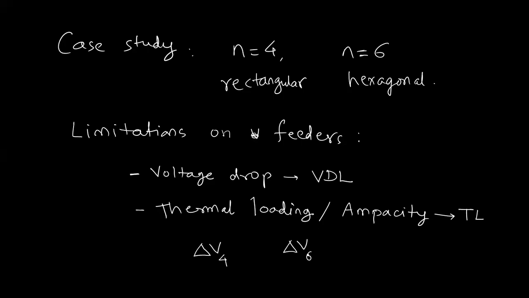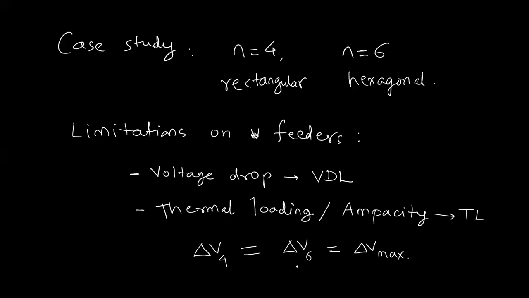The load can be served up to its voltage limit. So let us assume that the feeders in both the cases are operating up to their maximum capacity, such that the voltage drop limit is reached. So in both the cases, let us assume that the upper limit on voltage drop has been reached, that is basically delta V maximum.